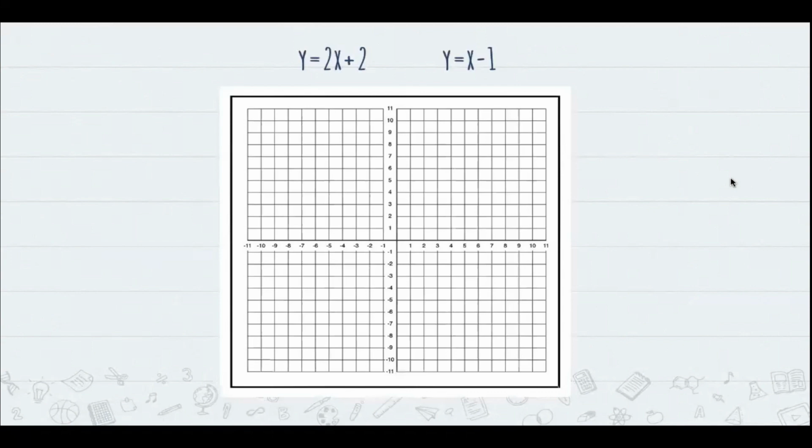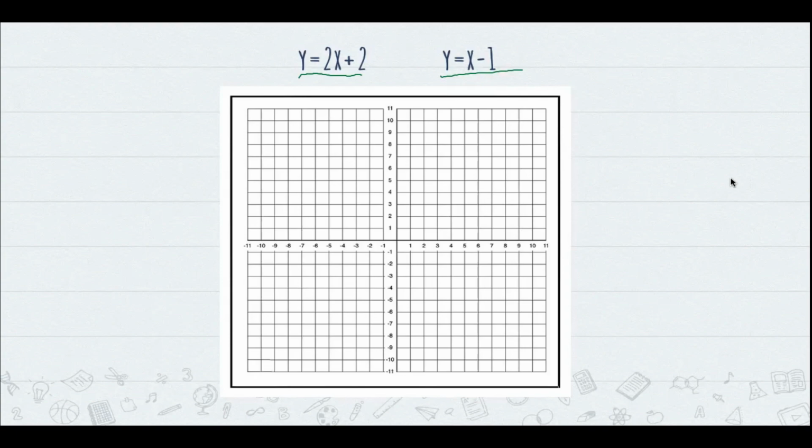So this is our first example. Our two equations are already in slope-intercept form, so we don't need to do anything. But what we do need to do is graph them still. So we have our slope.